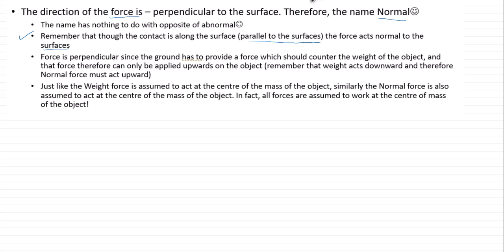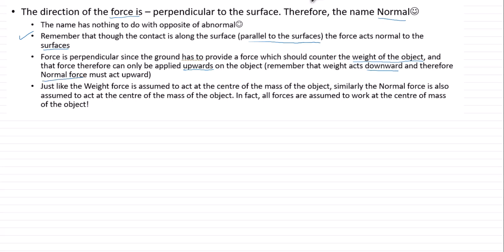We have the weight of the object which is acting downwards. To counteract the weight, there has to be an equal and opposite force which should act in the upwards direction. And that is why we say that the normal force has to be pointing upward always. So the weight will act downward and the normal force will act upward.